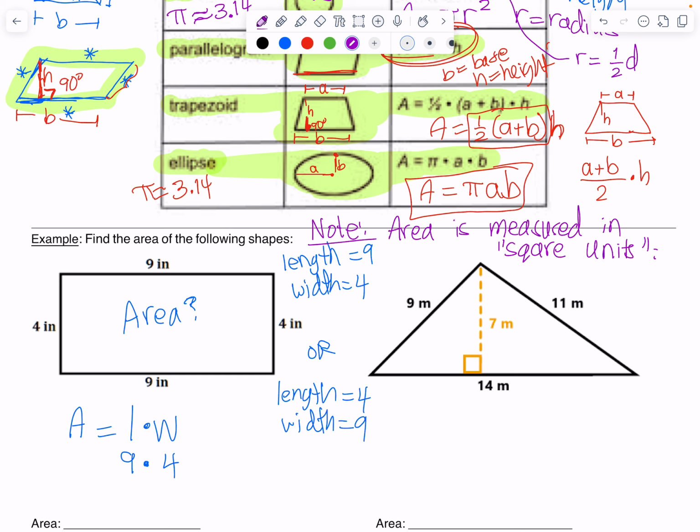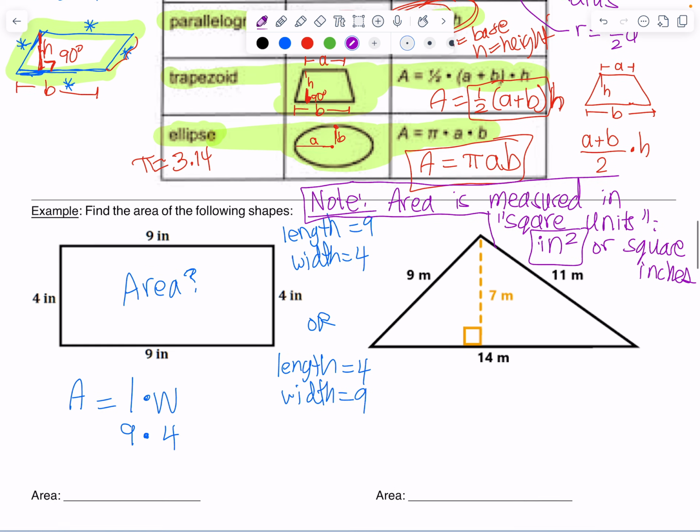If you were measuring everything in inches, your answer would be in inches. But for area, instead of just regular units, we're going to have, for example, inches squared or square inches. You can either write out the word square and then inches or meters, whatever measurement you're given, or just write it with the little 2 at the top, the superscript 2.